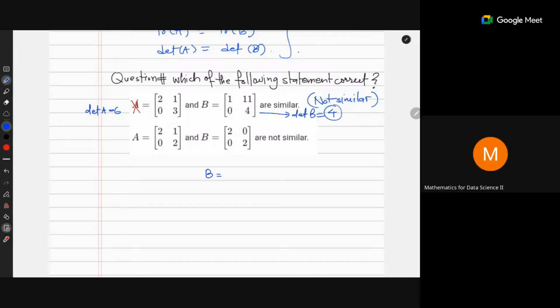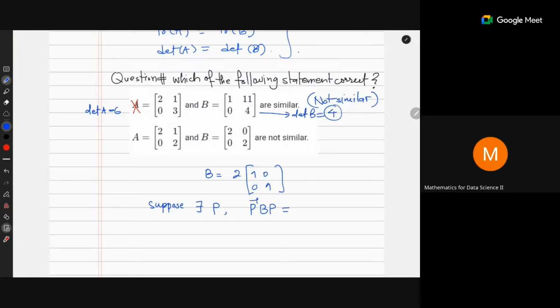So as he pointed out, you can take one out. Because it's a scalar matrix, and if you use the condition of similarity, suppose there is P. So P inverse B P, what would it be?